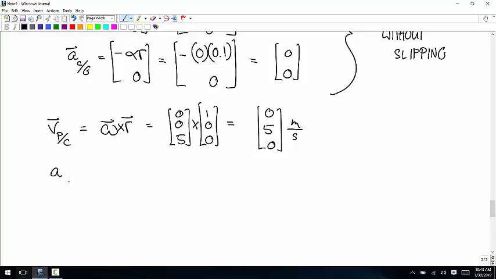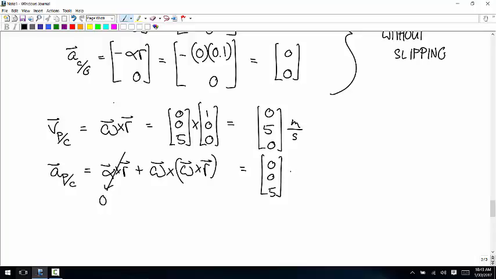And then the acceleration of P relative to C, this goes away because there's no alpha. And so that's equal to 0, 0, 5 crossed with the quantity 0, 0, 5 cross 1, 0, 0.